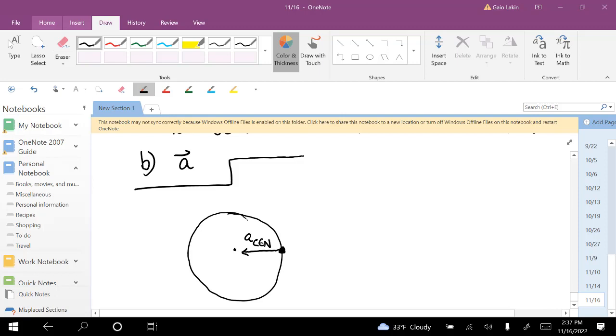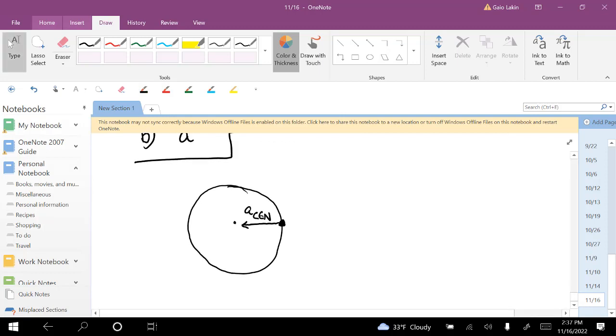This object is on the way up, so from lab, is that speeding up or slowing down? Slowing down. So if the velocity vector is this way, the tangential acceleration vector is this way. Remember, you can think about that exactly the same way as a parallel.